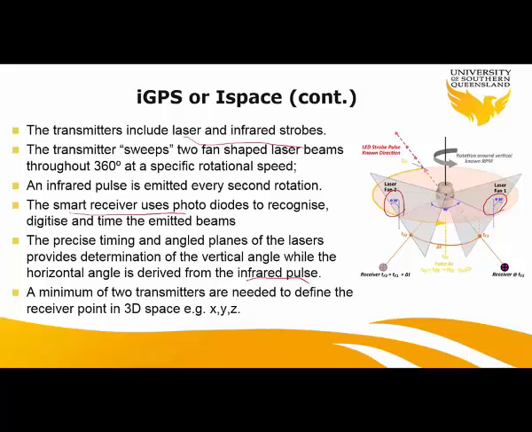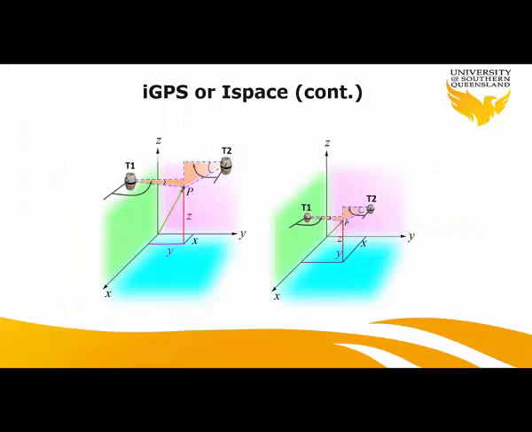And then we also need a minimum, so we can't really use one of them by itself. It's always required to have at least 2 transmitters to be able to get the 3D space coordinate for each point. It comes from the fact that if you look here, if you intersect two planes together, I told you it's going to be a line, not a point. So it doesn't give you a unique position. As you can see, this point can be higher up or lower, so it's not a unique point.